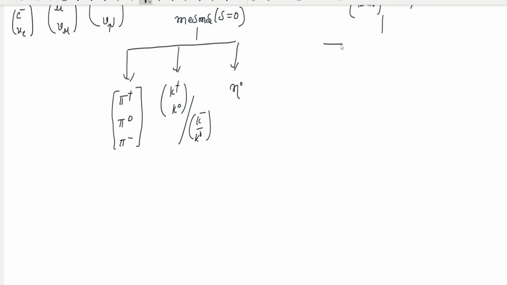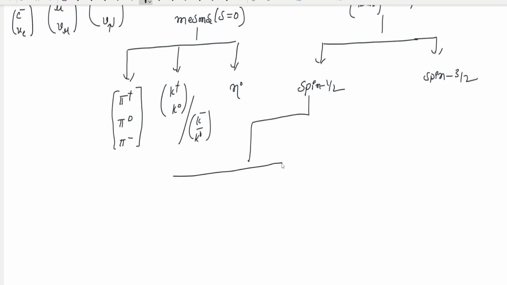So we can arrange the elementary particles like this in shortcut form after studying. These are not complicated things. This is the final classification.